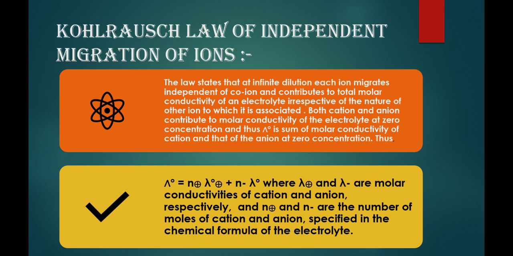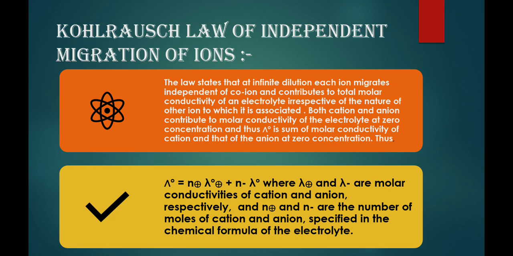Both cation and anion contribute to the molar conductivity of the electrolyte at zero concentration, and thus capital lambda naught is the sum of the molar conductivity of the cation and that of the anion at zero concentration.